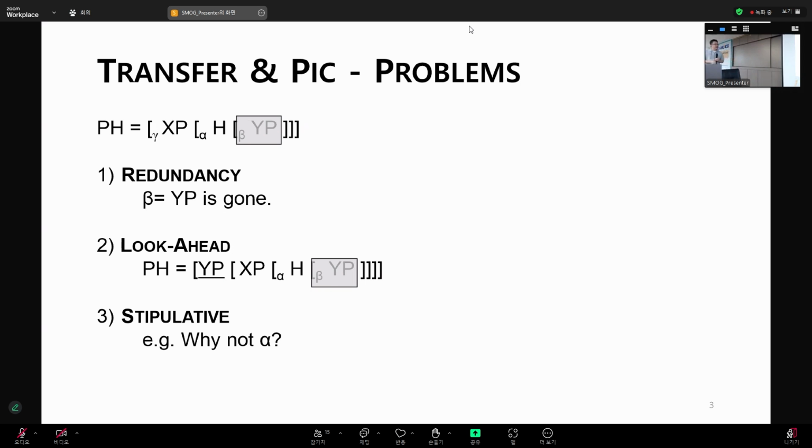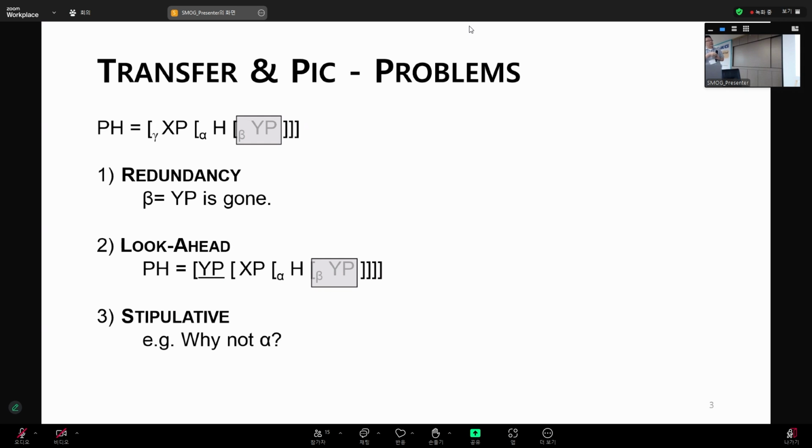And then the last problem I'd like to point out is the ad hoc nature of the domain targeted by the operation transfer and PIC. Given that the two operations are motivated by computational efficiency, it would be more computationally efficient if both mechanisms target an area larger than beta.